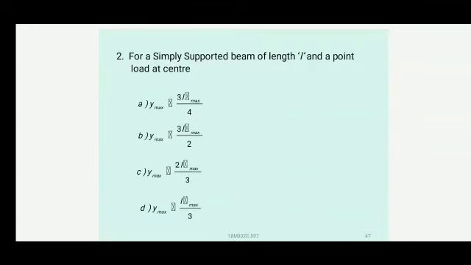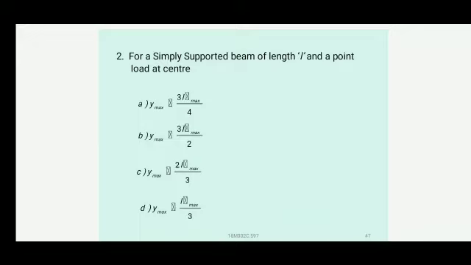For a simply supported beam of length L and a point load at the center: A, y maxima is equal to 3L theta maxima by 4; B, y maxima is 3L theta maxima by 2; C, y maxima is equal to 2L into theta maxima by 3; and D, y maxima is equal to L theta maxima by 3.